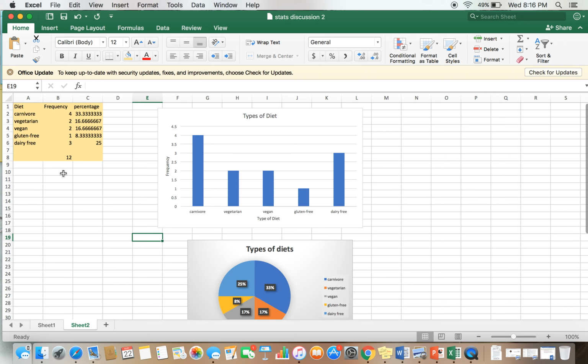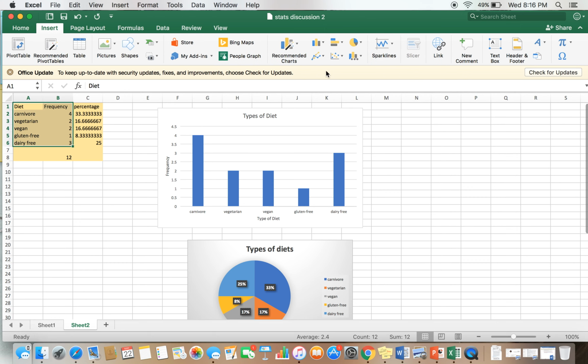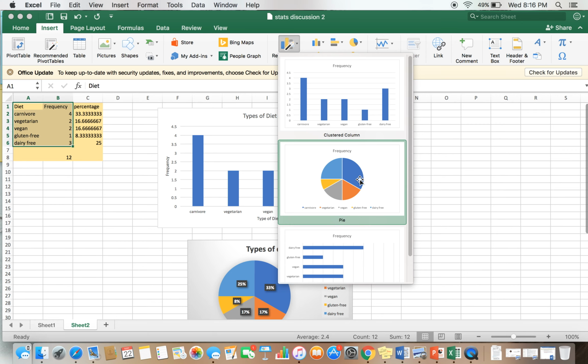And then what I did is I highlighted all of this data and I went to insert, and I was lucky enough that both of them popped up in recommended charts.